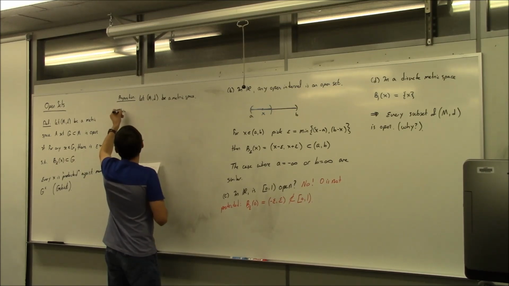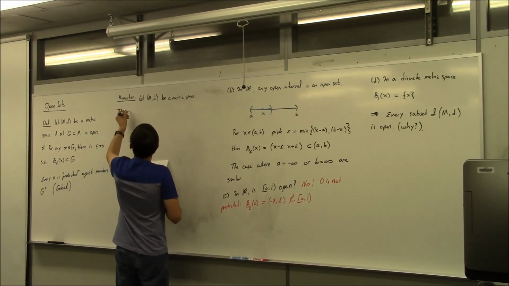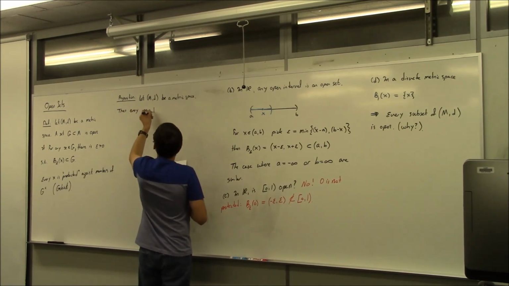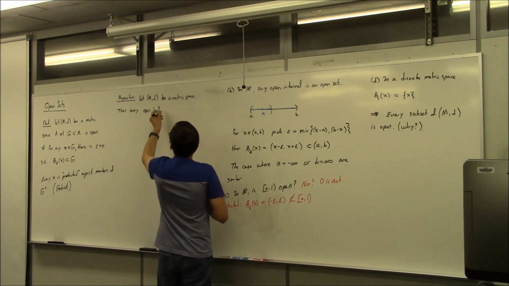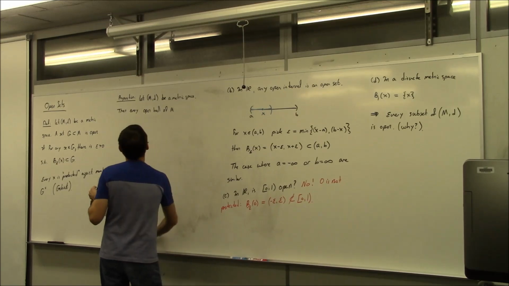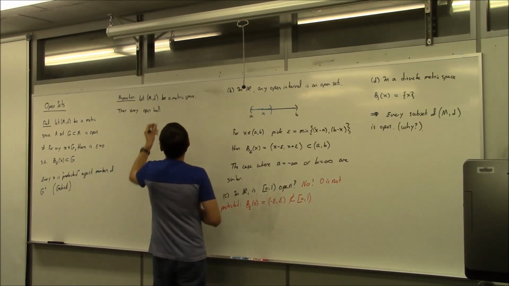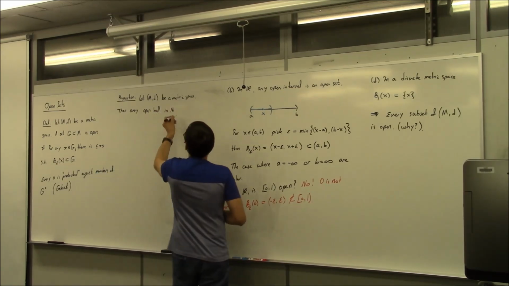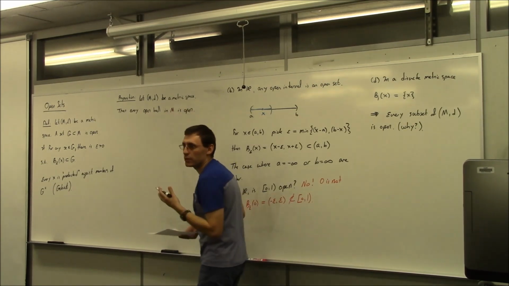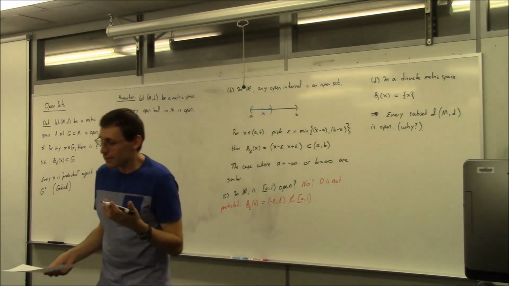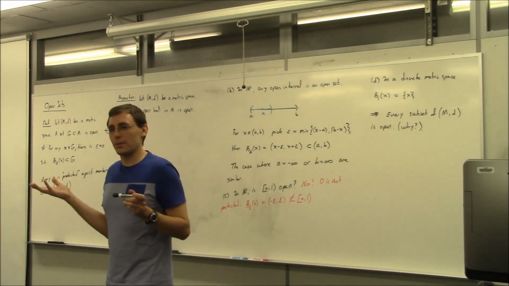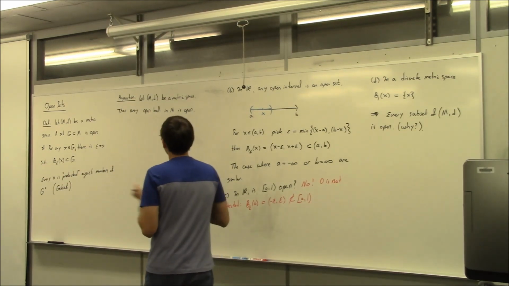Then every open ball in M is open. I purposefully wrote this statement in this form because it's confusing, right? Every open ball is open, no big deal. Isn't it called open ball? But think about the definition. So, proof.